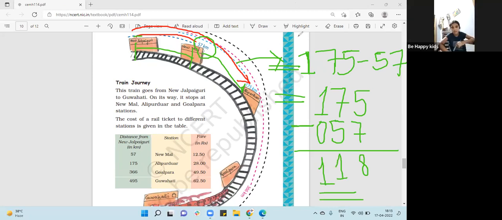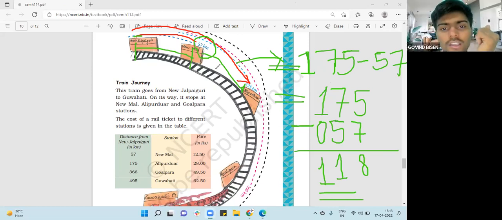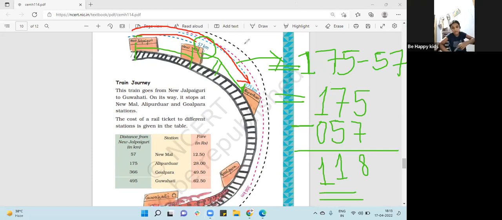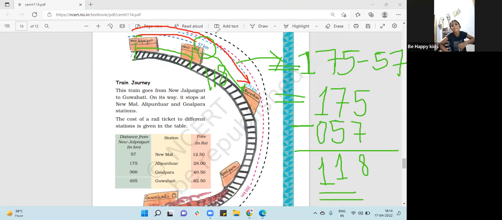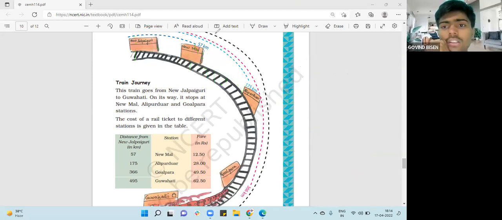All right. Similarly, let us do one more problem. So 118 is the distance between New Mall to Alipurdwar, isn't it? Yes, sir. Got it now? Now let us find out the distance between... First of all, let us find Golpara. Where is Golpara? Is it here?